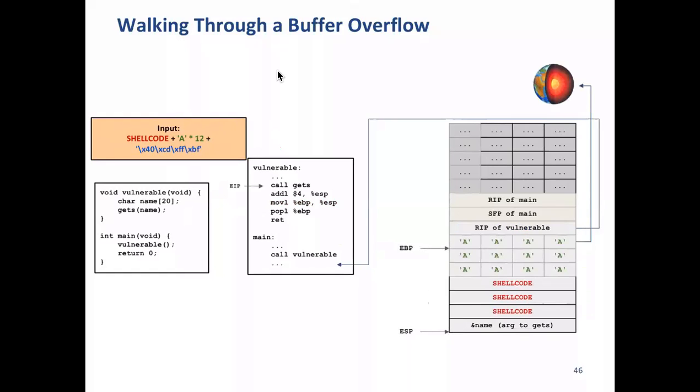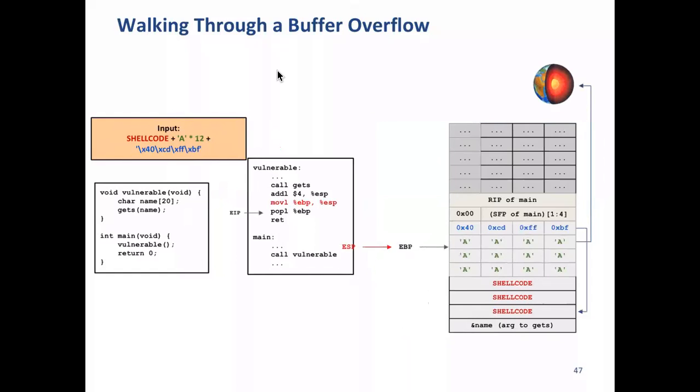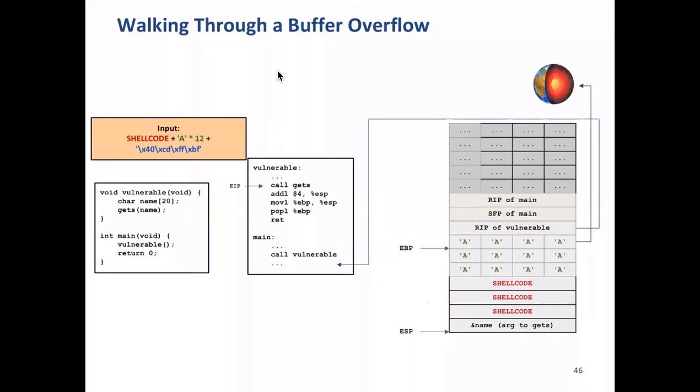The A also gets written over the starting frame address, so now that is also becoming corrupted. Once you write something here, it will point to some area, some junk.